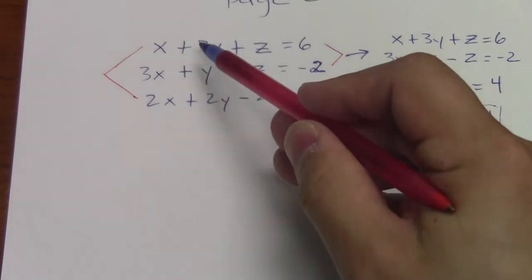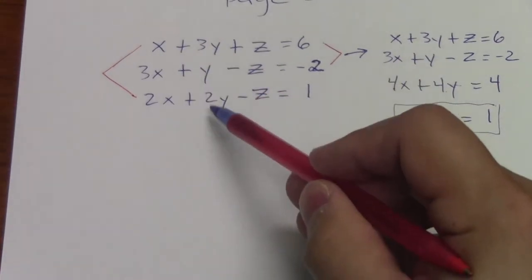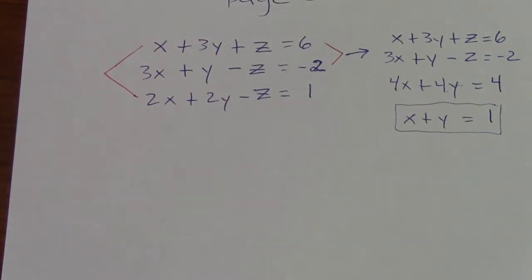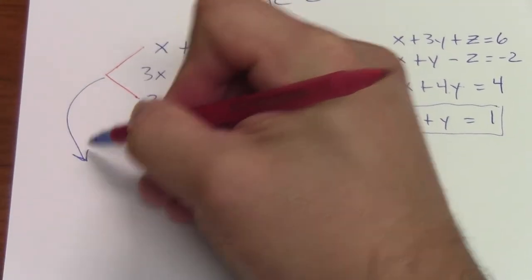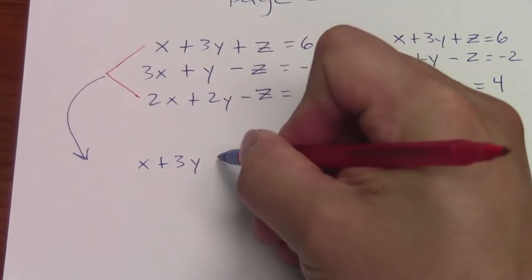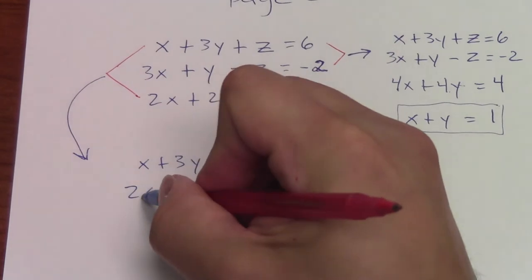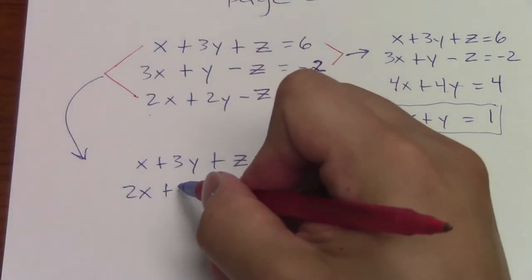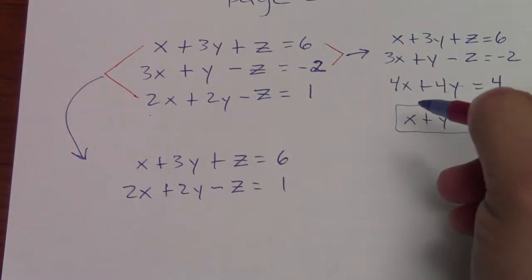Now we're going to solve these 2 guys, and then we're going to use this with the answer of whatever we get from here to actually solve one of these variables. So here we go. x plus 3y plus z equals 6. 2x, I'm doing this guy right here, 2x plus 2y minus z equals 1.